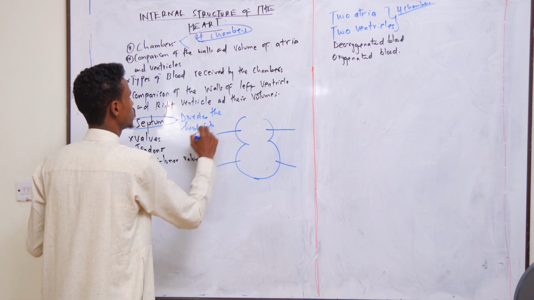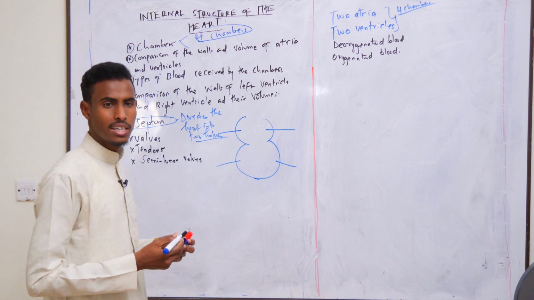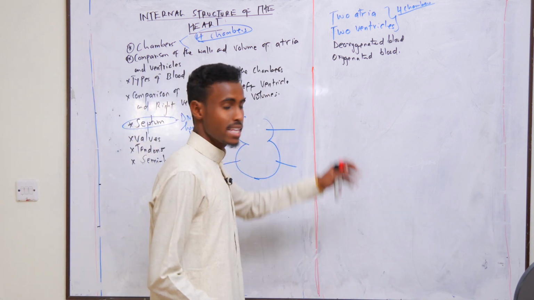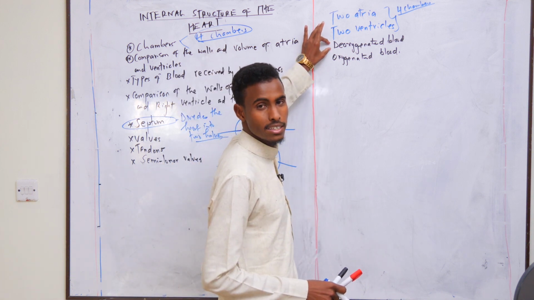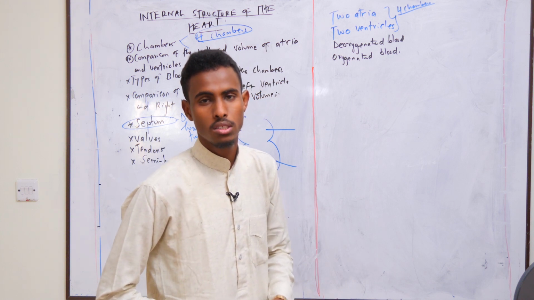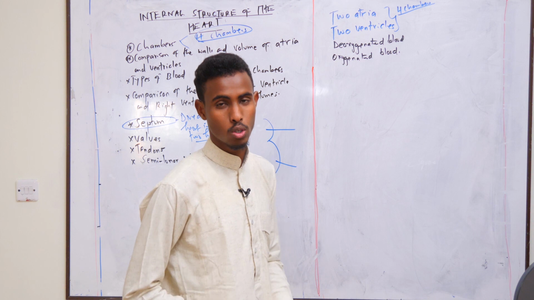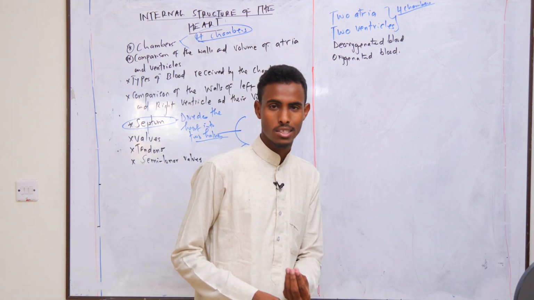That is the right half and the left half. And therefore class, the right side of the heart receives deoxygenated blood from the body tissues.